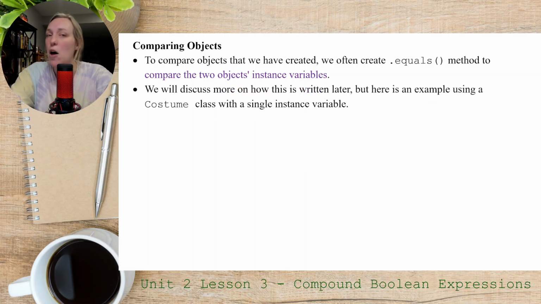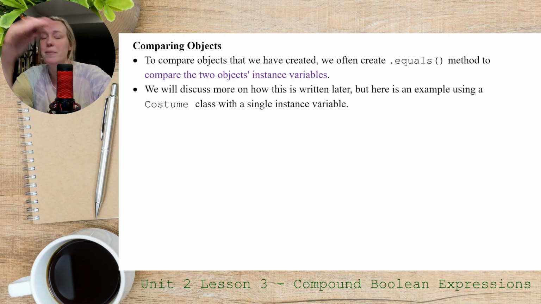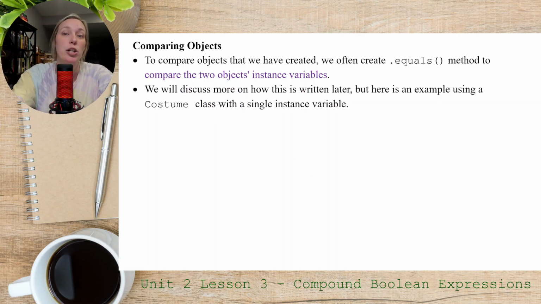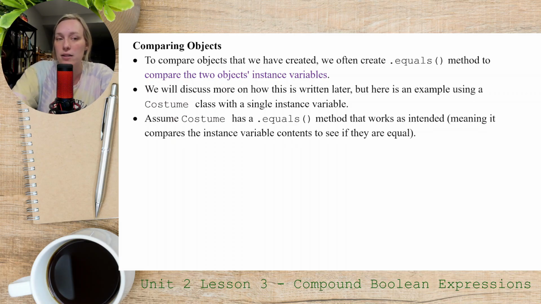Now, we'll discuss how this is written later. This is going to be next unit, where we talk about how it's written. But here's an example of what it looks like. So let's say we have a Costume class with a single instance variable, and that it has a dot equals method that works as intended.